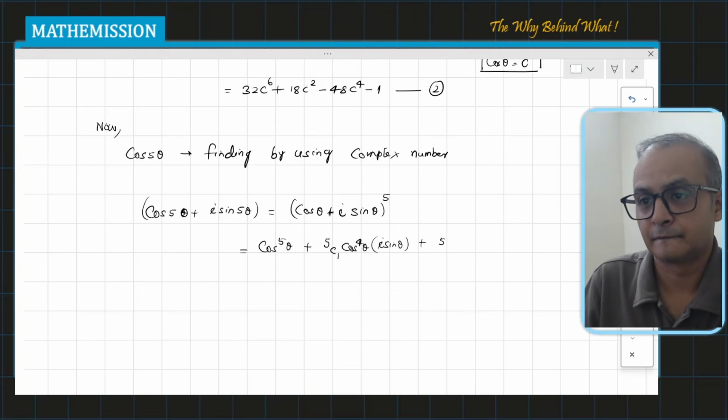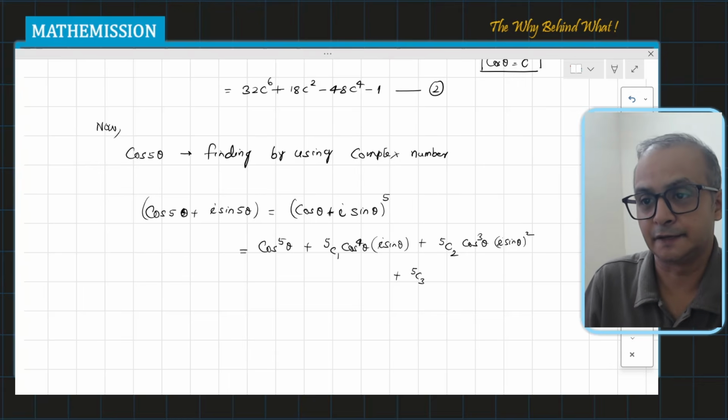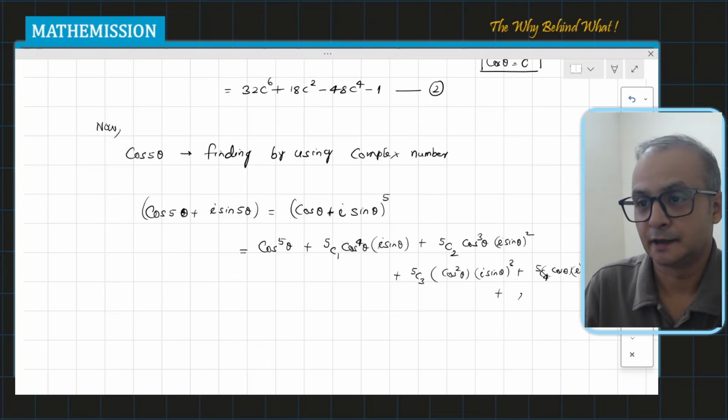Then 5c2 cosine cube theta and then iota sine theta squared. Then 5c3 cosine squared theta, iota sine theta cubed, and 5c4 cosine theta, iota sine theta to the power 4, and finally iota sine theta to the power 5.